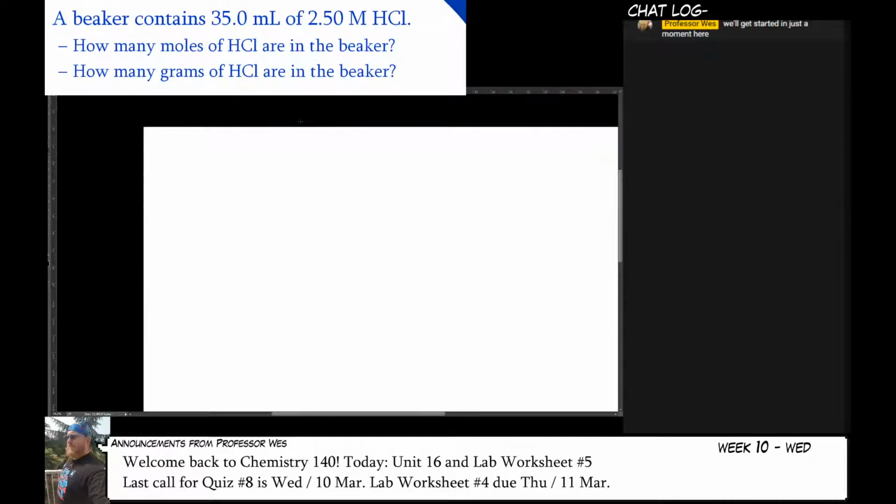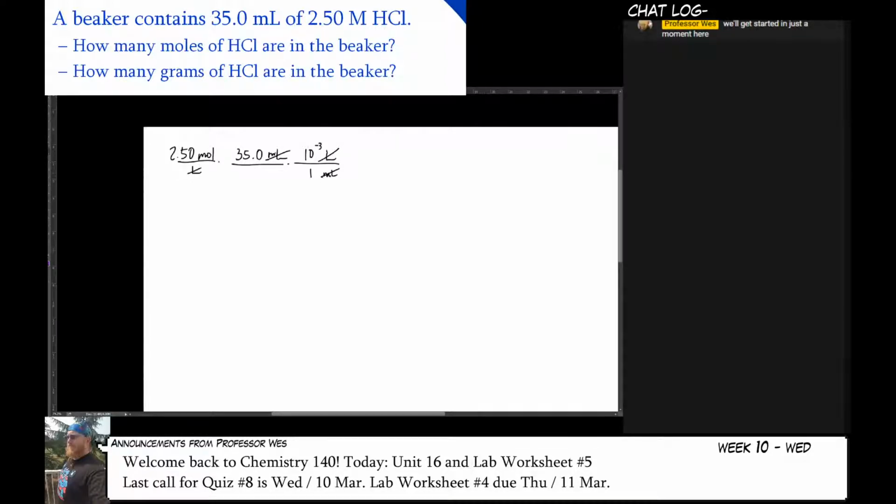So if we're looking at a beaker with 35 milliliters of 2.50 molar HCl, first we want to find the number of moles of HCl in there by multiplying these two terms together. So 2.50 moles per liter times 35 milliliters, but that should be in liters, right? So there's milliliters, which will then cancel out and do the conversion to liters.